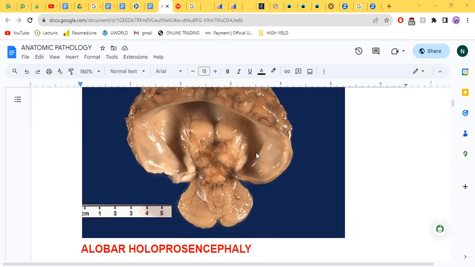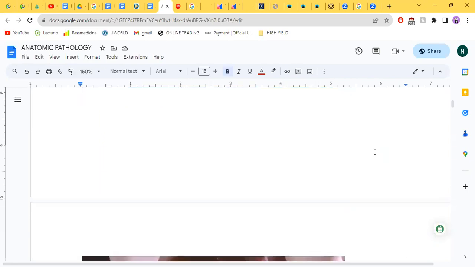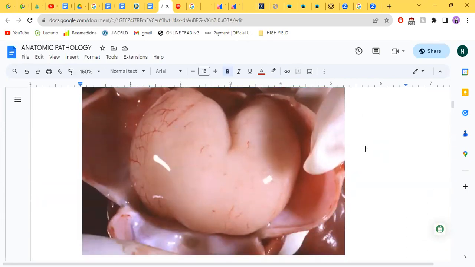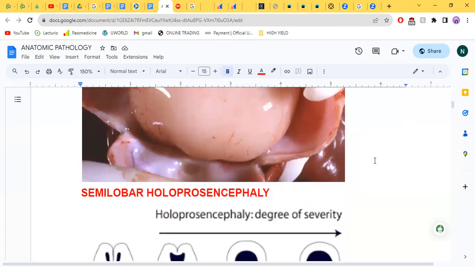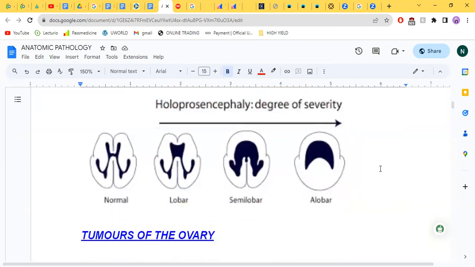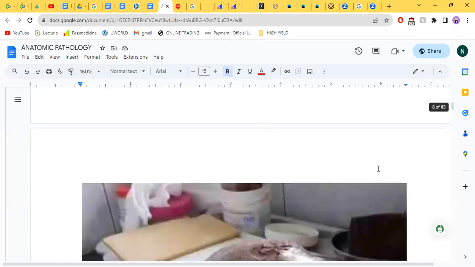Let's go down. So this is still holoprosencephaly. Now, that is the semilobar type. And there's also the lobar type. Move down.